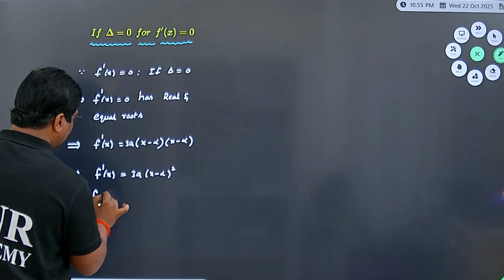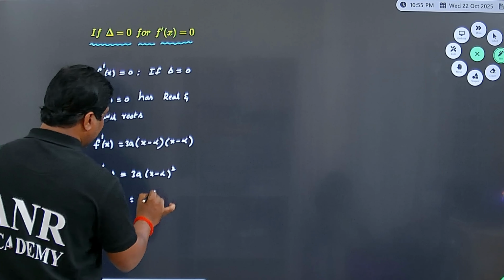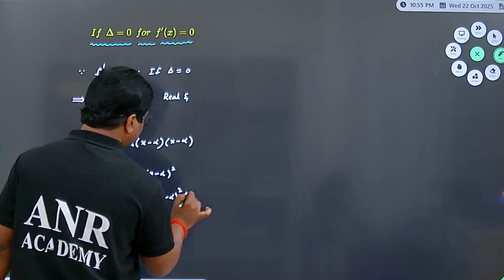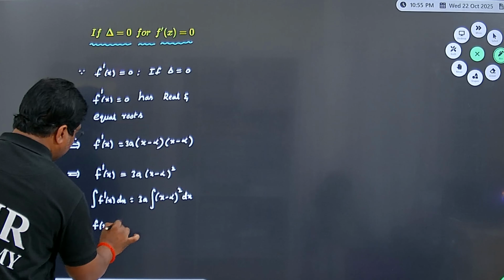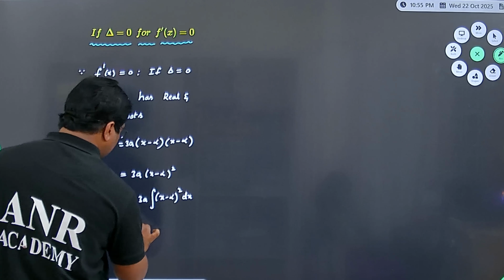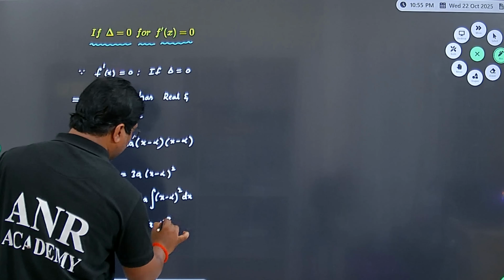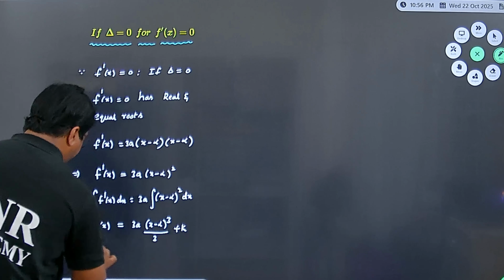Applying integration on both the sides, 3a outside, integration of x minus alpha whole square into dx, and hence f of x is equal to 3a into x minus alpha whole power 3 divided by 3 plus integral constant.